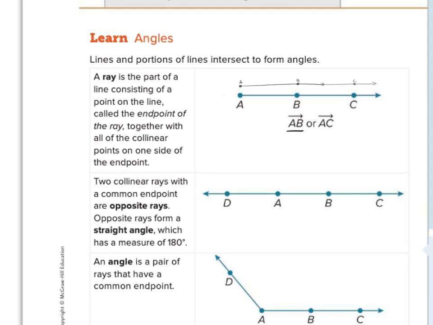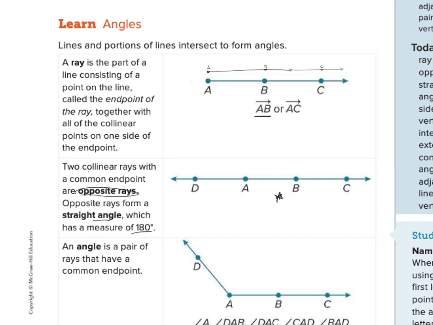Two collinear rays, this is important. We have opposite rays. Opposite rays form a straight angle, or a straight line as we think of it. So two collinear rays with a common endpoint are opposite rays. Opposite rays form a straight angle, and a straight angle is 180 degrees. So we have this image right here. We have overlapping rays, tons of rays that we could think of. But if I simply said that I have ray AD, you'll notice the direction of my arrow still goes the same way no matter what.